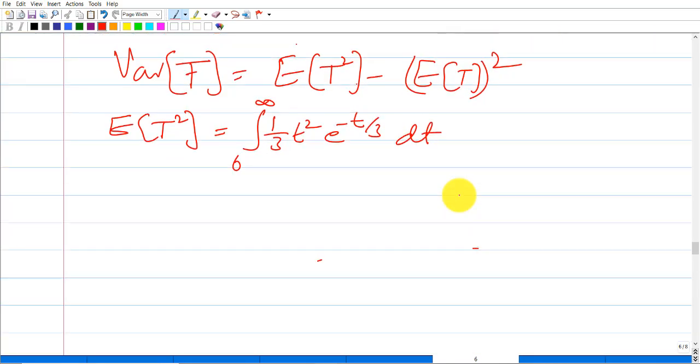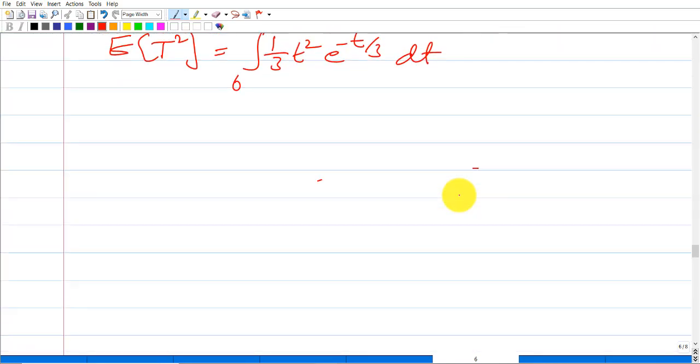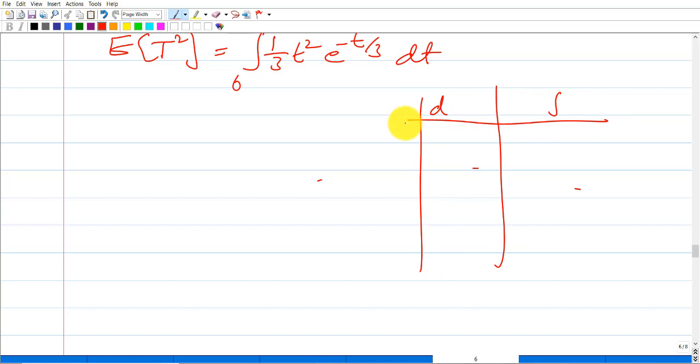We will use the same shortcut method. Here we will write the derivative, here we will write the integral, and here we will use the signs plus, minus and so on. So that will be 1 over 3 t square, and that will be e raised to power minus t by 3.